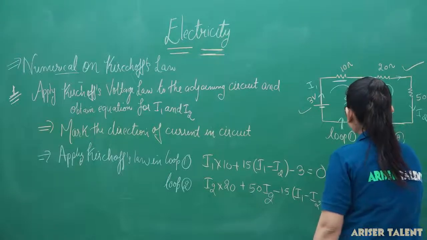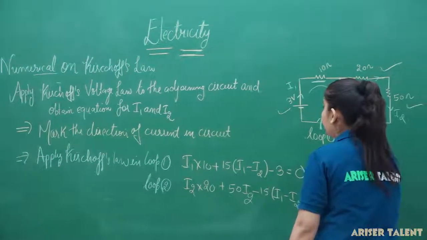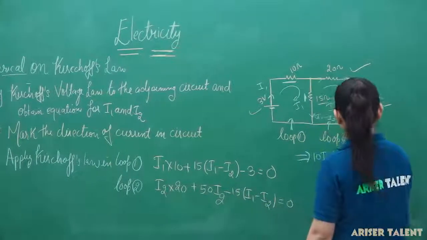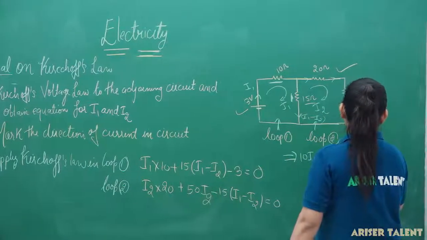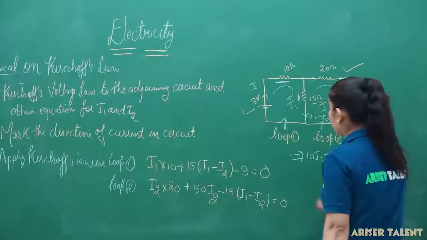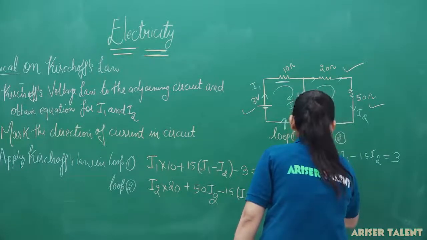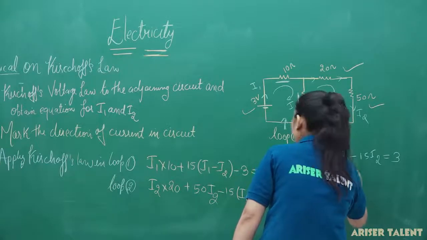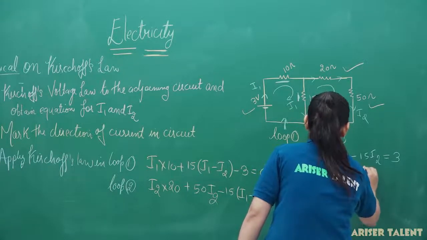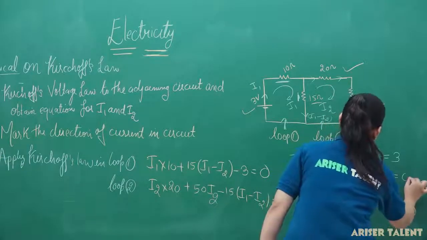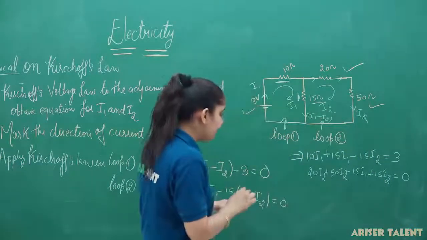It will be 10 I1, 15 I1, minus 15 I2 equal to 3. Next one is 20 I2, 50 I2 minus 15 I1 plus 15 I2 equal to 0. These are the equations we are getting here.